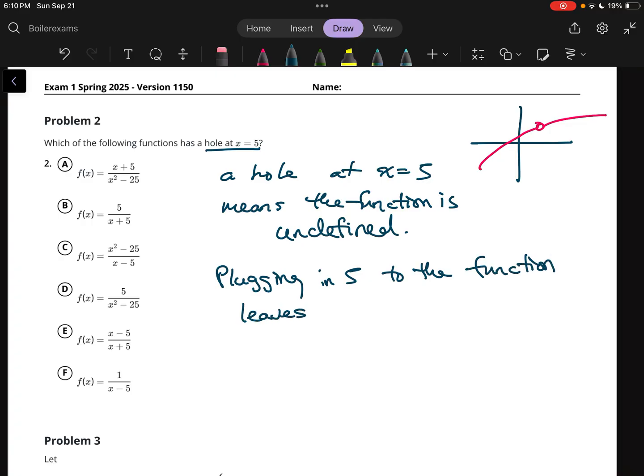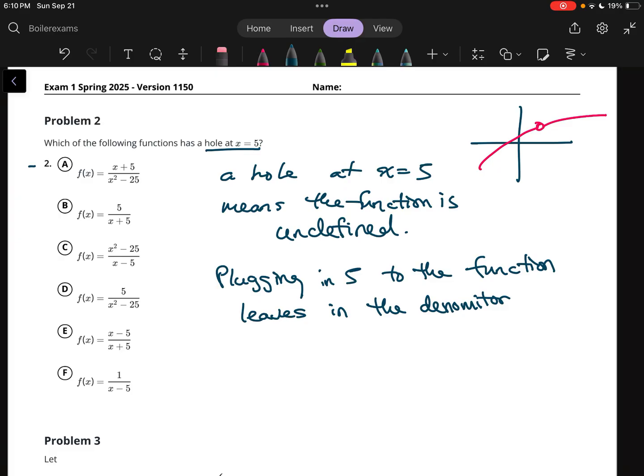So we can look at all of the options we're given and see for which one, when I plug in 5, I get 0 in the denominator. If we look at A, if we plug in 5 for the denominator, we get 5 squared minus 25, which is equal to 0. So A is a possible answer choice.